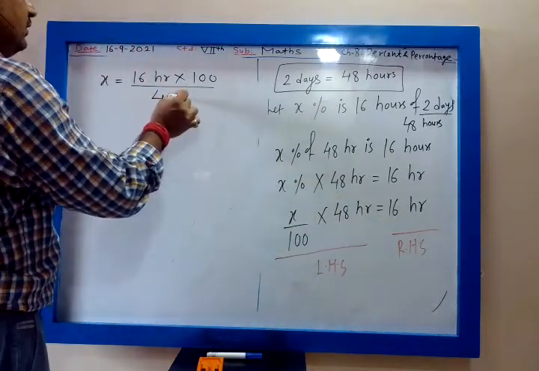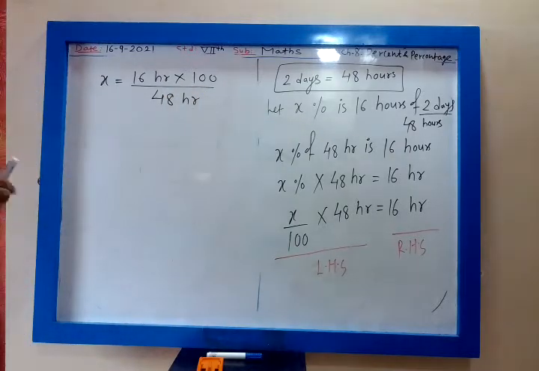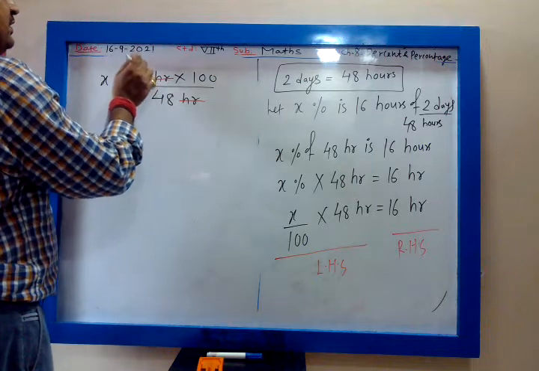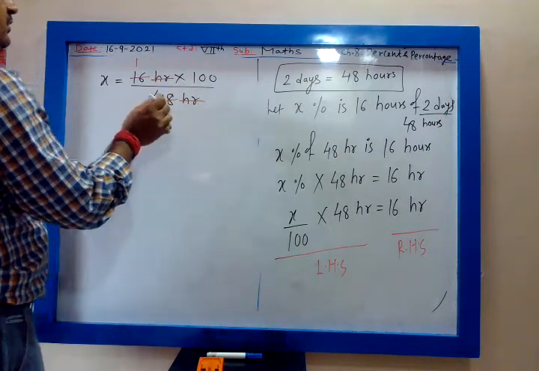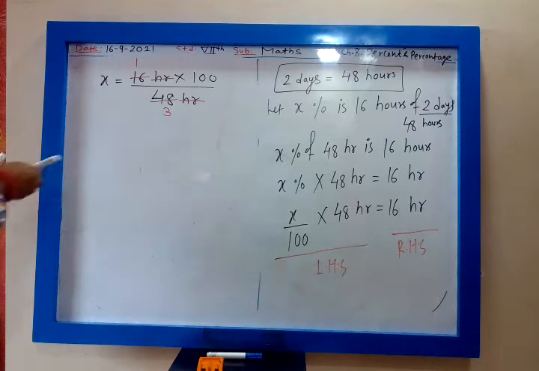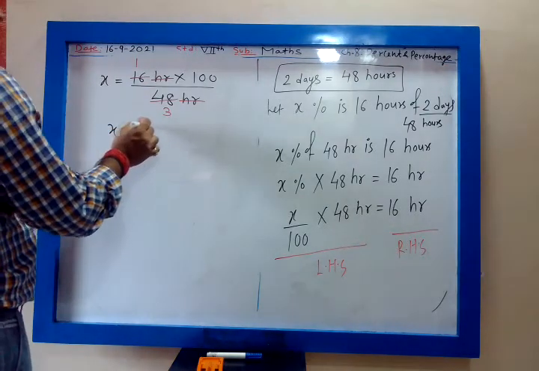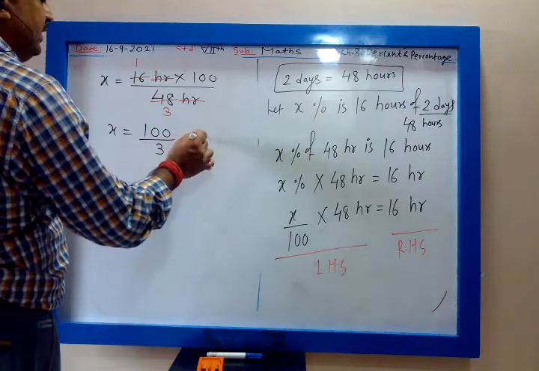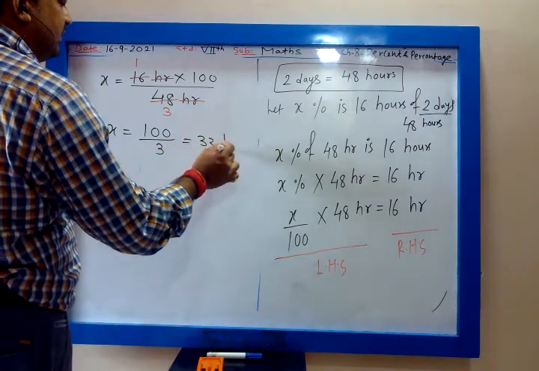Hours get cancelled. 16 1 is 16, 16 3 is 48. So x is 100 upon 3. That is 33 1 by 3%.